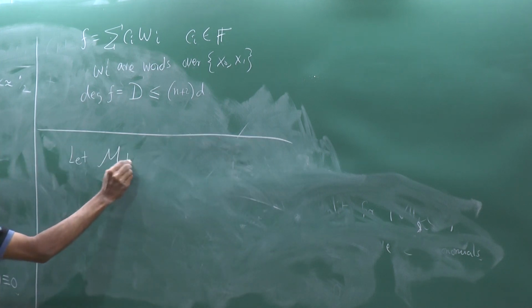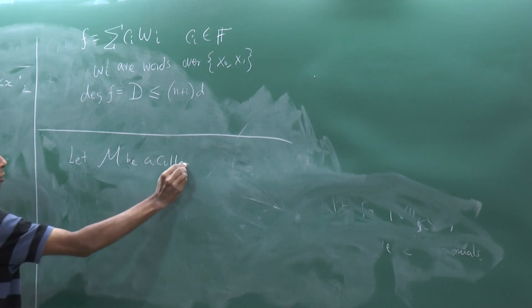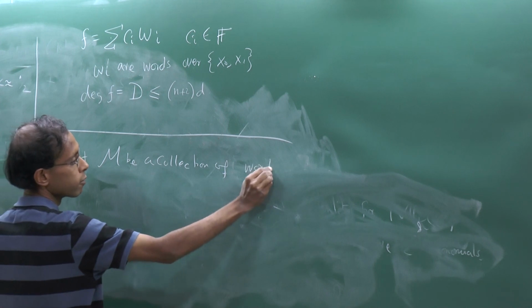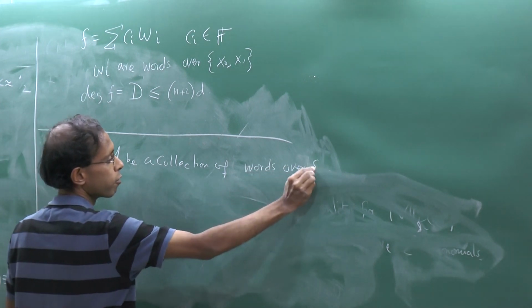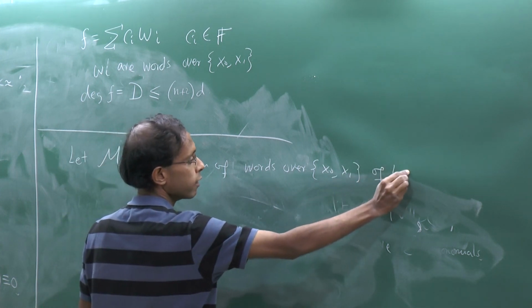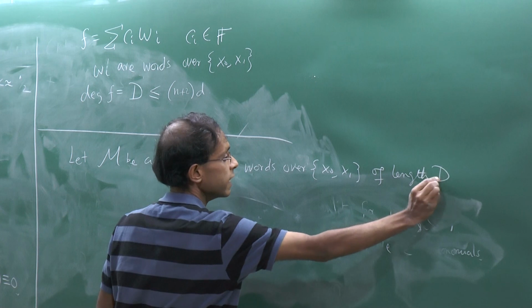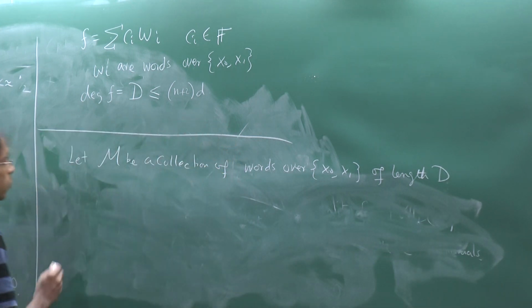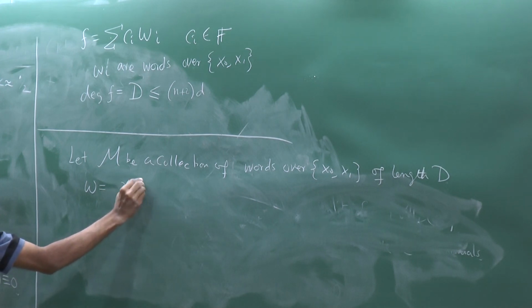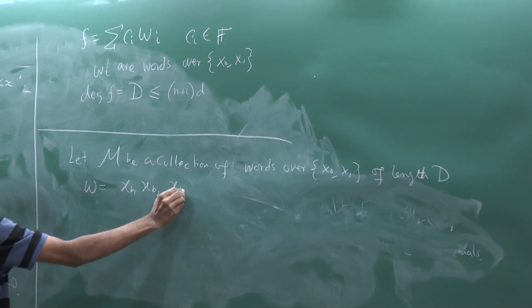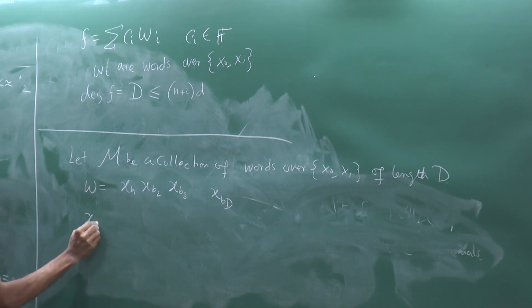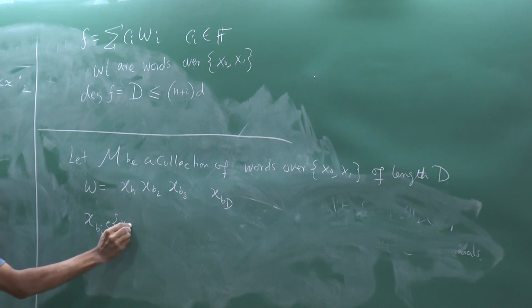Let M be a collection of words over x0 and x1 of length, let's say, d. So typically a word will look like x_{b1}, x_{b2}, x_{b3}, up to x_{bd}. What are these things? These x_{bi}'s are either x0 or x1.